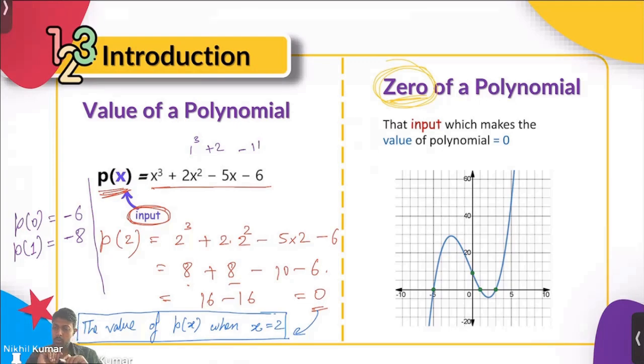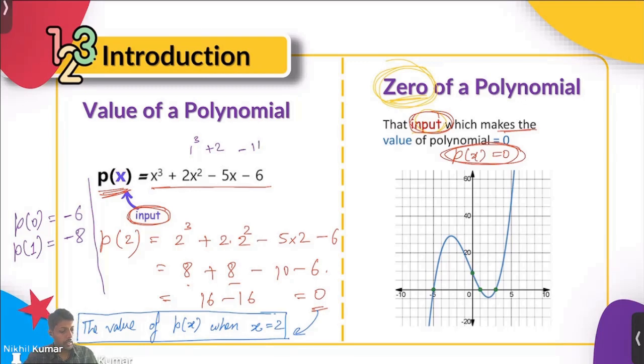I'll repeat once more. It's that input which makes p of x 0. That's what the 0 of the polynomial is.